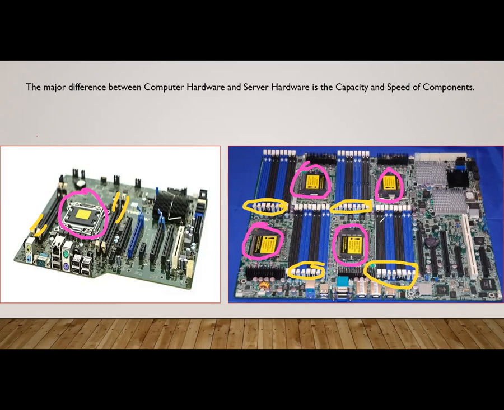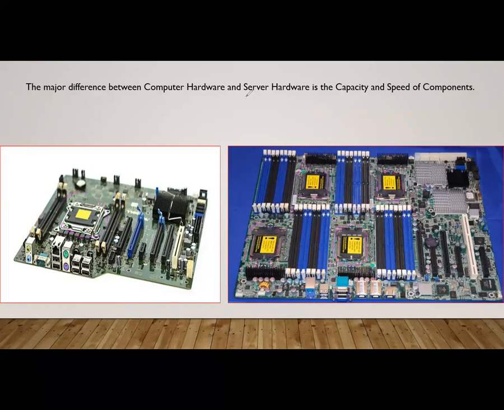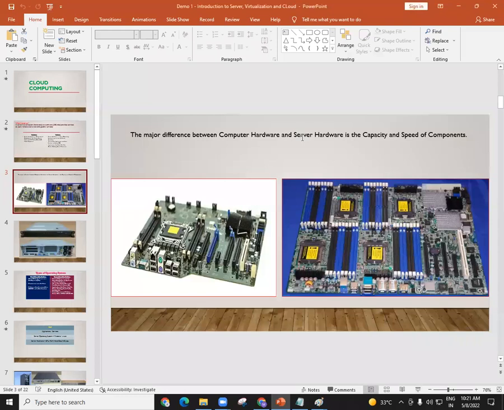Suppose in each slot, you can connect 16 GB RAM. Now 16 multiplied by 32. Whatever number comes, that much GB RAM we can connect here. So this is the difference between a computer and a server. Got it? This is the difference between a computer and a server physically, hardware-wise. But again, components are the same. The only difference here is the components will be extra in our server.